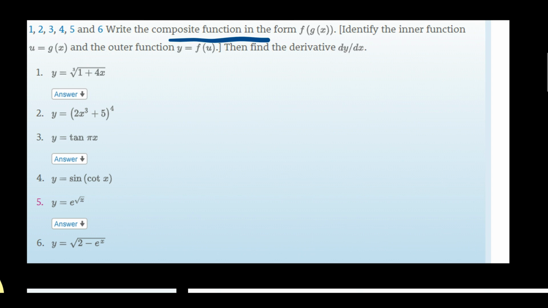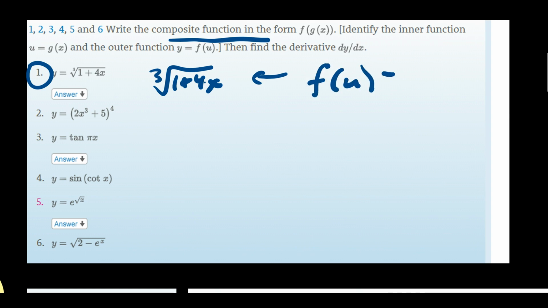The inner function is u equals g of x and the outer function is y equals f of u. Looking at number 1, the cube root of 1 plus 4x, the outer function, I think, would be the cube root of x. So that would be f of u is the cube root of u.